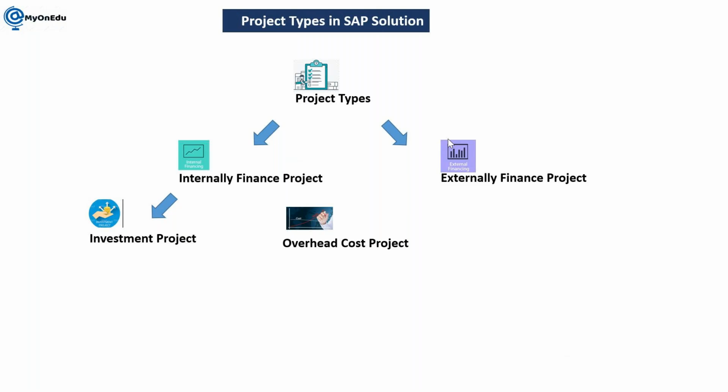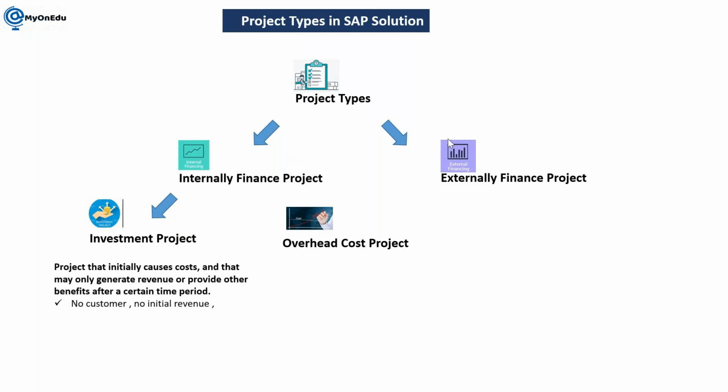Whatever stationery you use in your project is also an example of overhead cost. Some R&D projects which are not successful as an investment are also considered overhead cost or expense. That is a cost project.